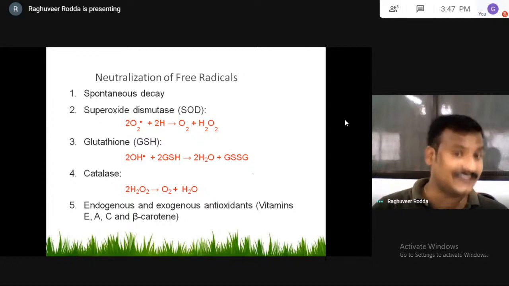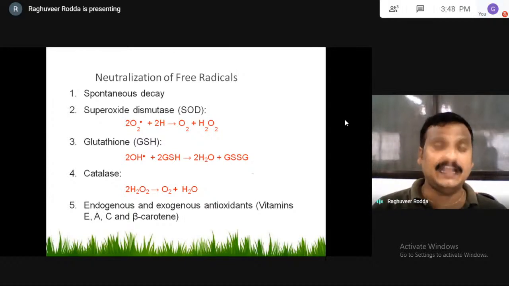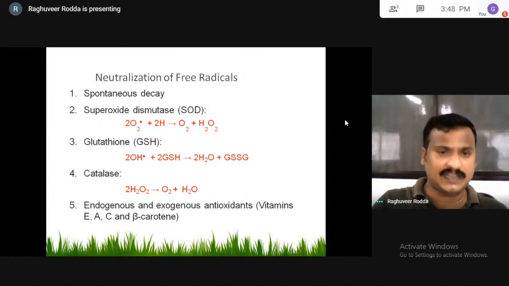The body has the spontaneous decay, the eliminating of the proton molecules. Immediately, the free radicals are destroyed. And a very important mechanism is the superoxide dismutase mechanism.